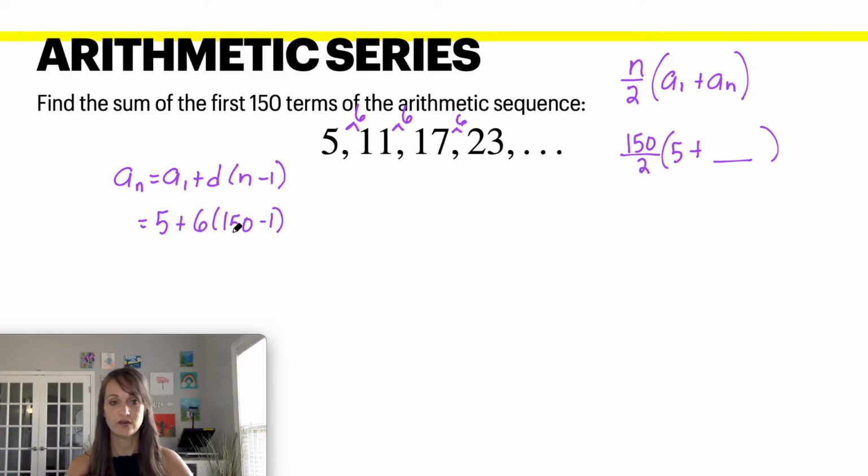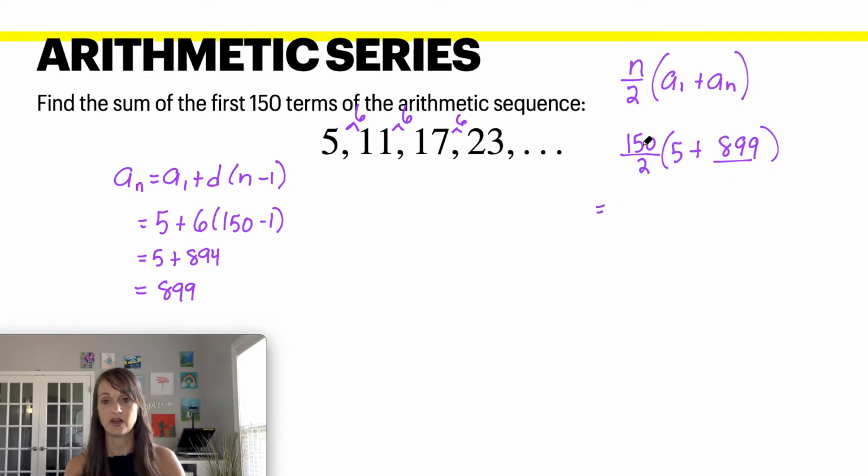So therefore, 150 minus 1 is 149. 149 times 6 is 894. So you add 5 and you get 899. So therefore, 899 was the last term. And now that you have all of your answers, you can plug this into the calculator. 150 divided by 2 is 75.